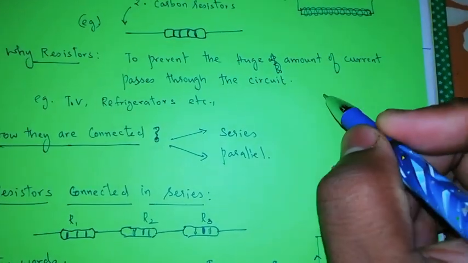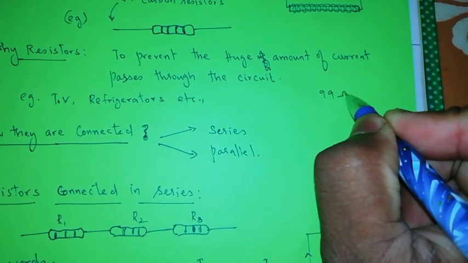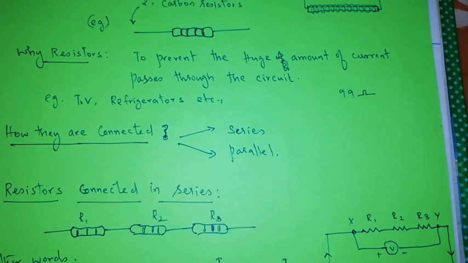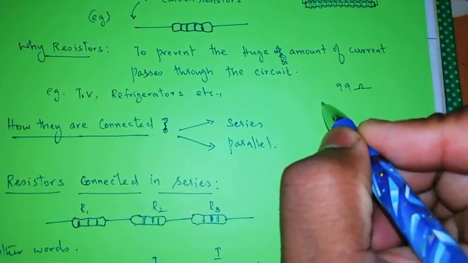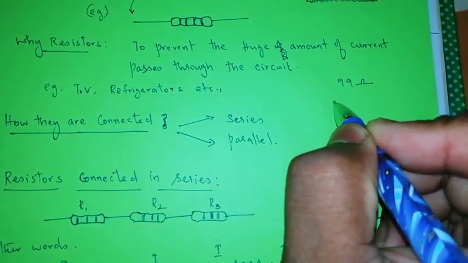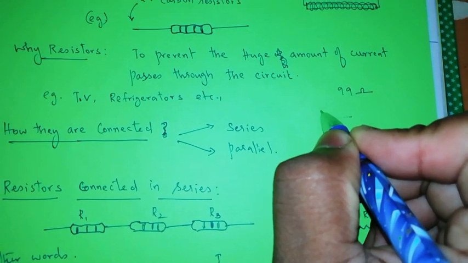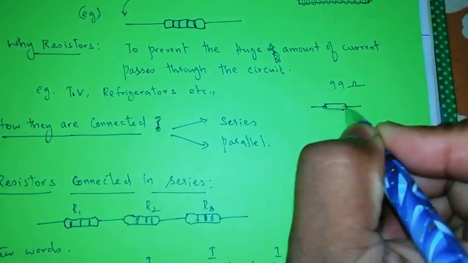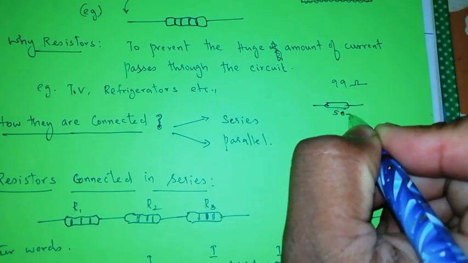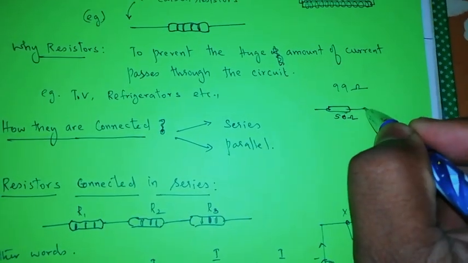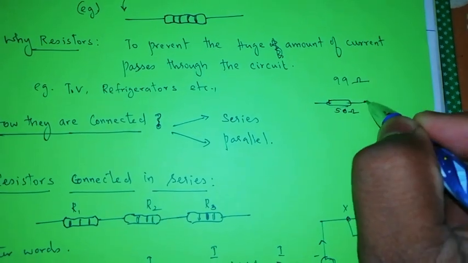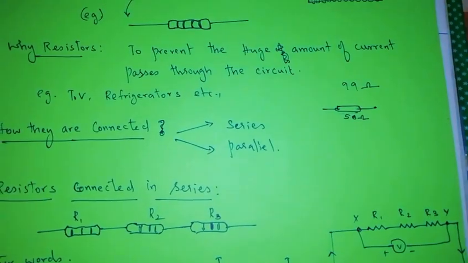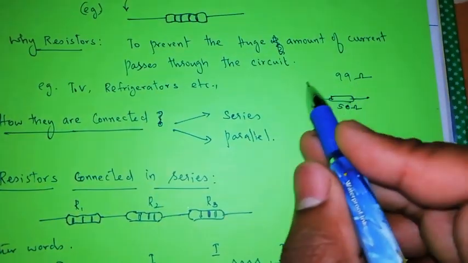But suppose you want a 99 ohm resistor, you can't get it. So what we normally do is connect 2-3 resistors together. For example, first 50 ohms, then we connect 20 ohms, 22 ohms, then 5 ohms or 2 ohms, so that totally we get 99 ohms.